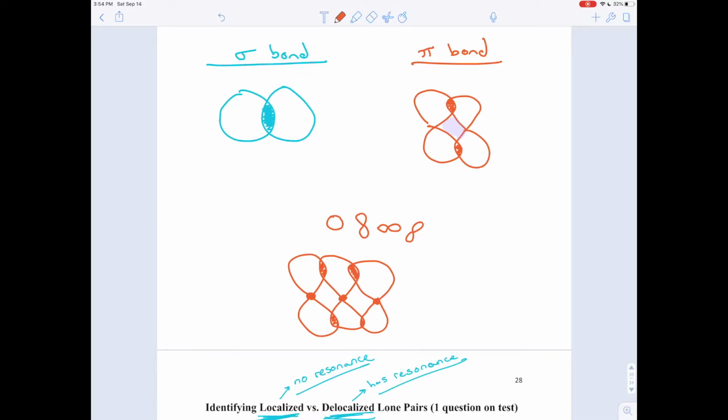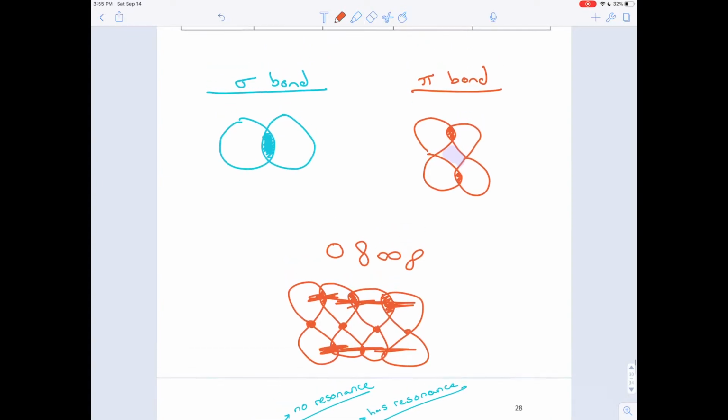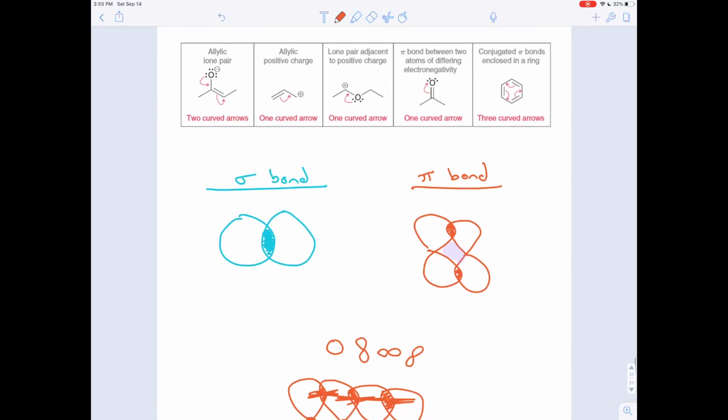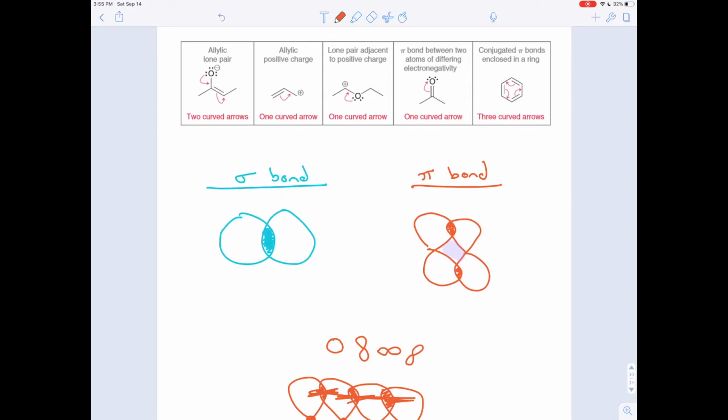Well, then you form another pi bond, so the electrons that were just between these orbitals are now spreading out over more orbitals. And if you have another atom that has a parallel p orbital, the electrons can spread out over even more atoms. So that's what's behind all of these resonance patterns: parallel p orbitals.